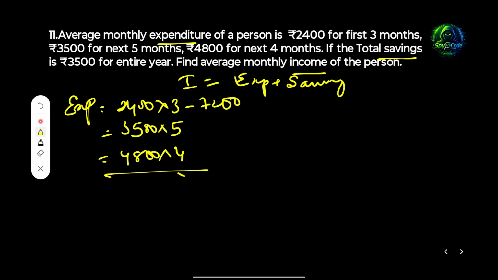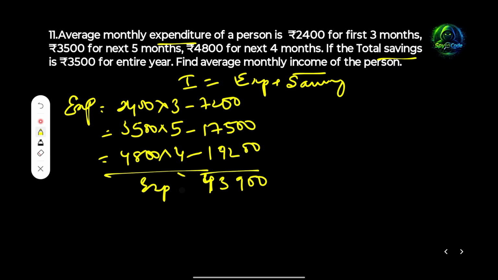Which is 7200. This is 17,500, and this is 19,200. Okay. When we add all this, we get around 43,900.